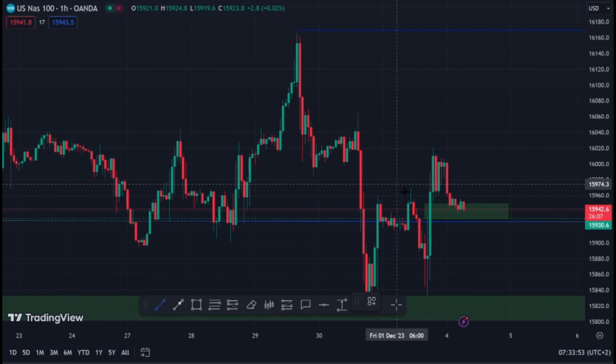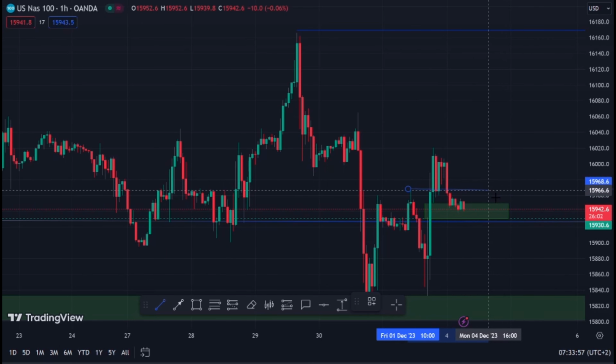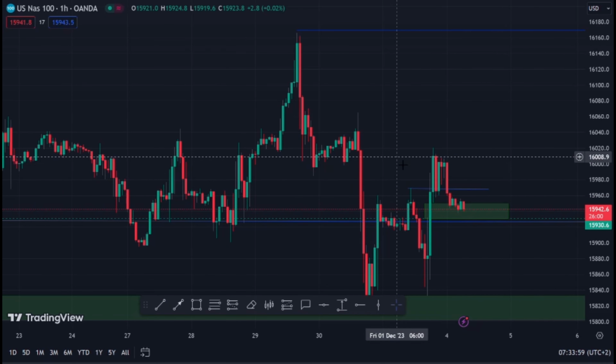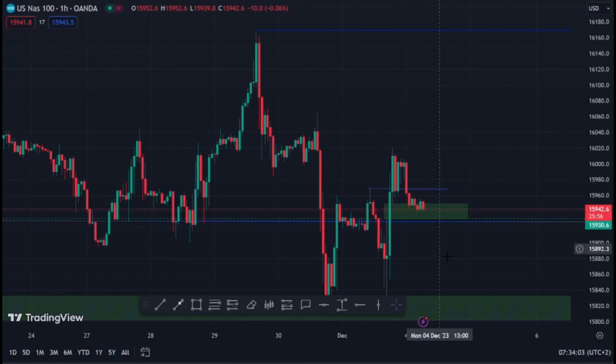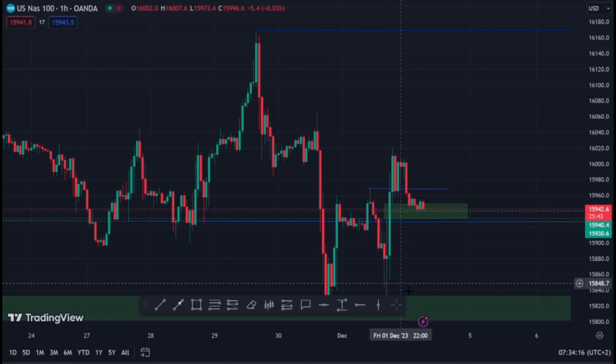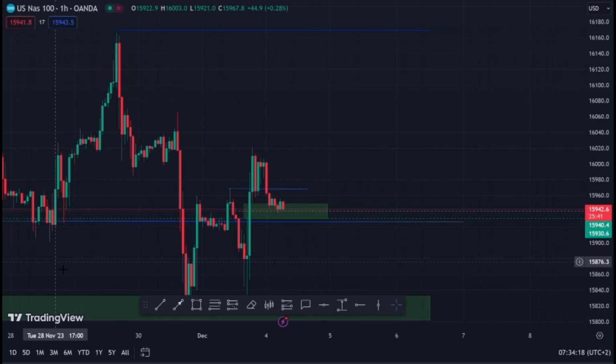And it's a confirmed fair value gap because we broke a high before we came back for the fair value gap. So in this hourly fair value gap, right now we are sitting at the 50% mark of it, at the consequent encroachment.